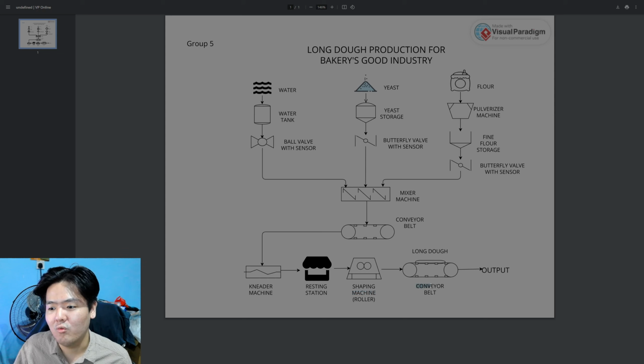Then we use another conveyor belt to transport it to the output. Like I said previously, the output is for the next process, for baking, or after baking, packaging. So yes, this is our PFD, our process flow diagram for our project.